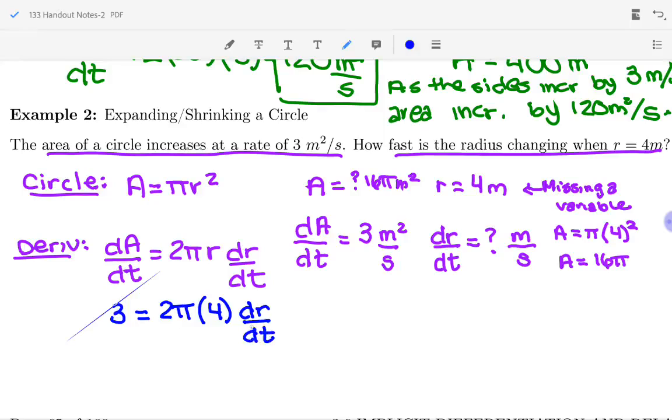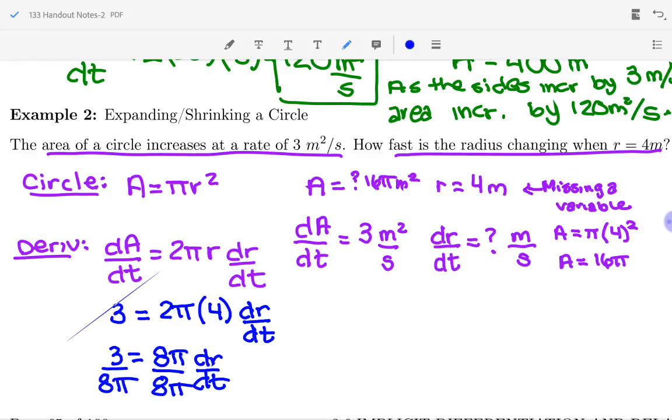How is the radius changing? So the last one was a little bit nicer because it was already solved for what we were looking for. This one I have to get dr/dt by itself, which is not as bad as the implicit. I'm just going to multiply so that I can get it by itself. So first of all, I have 2 pi times 4, which is going to be 8 pi times dr/dt. And now I need to get dr/dt by itself, so I would just divide both sides by 8 pi.